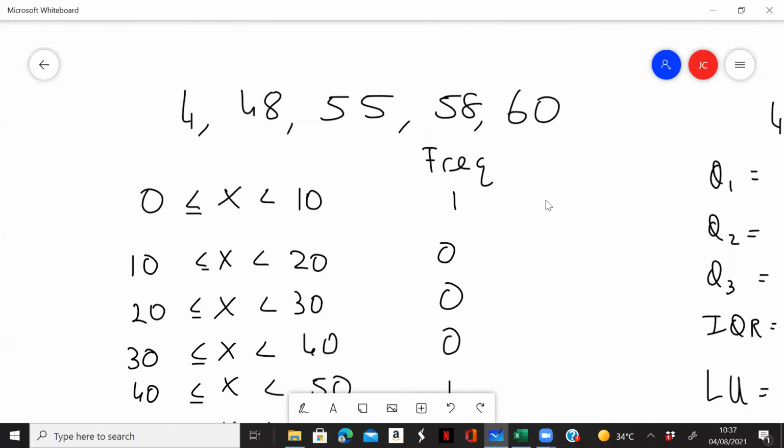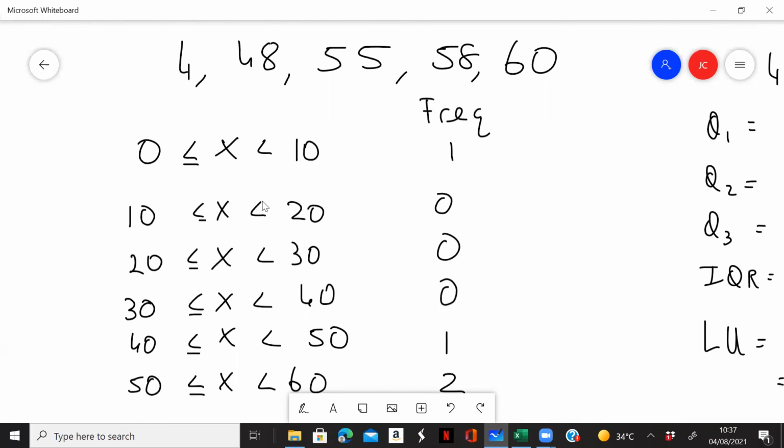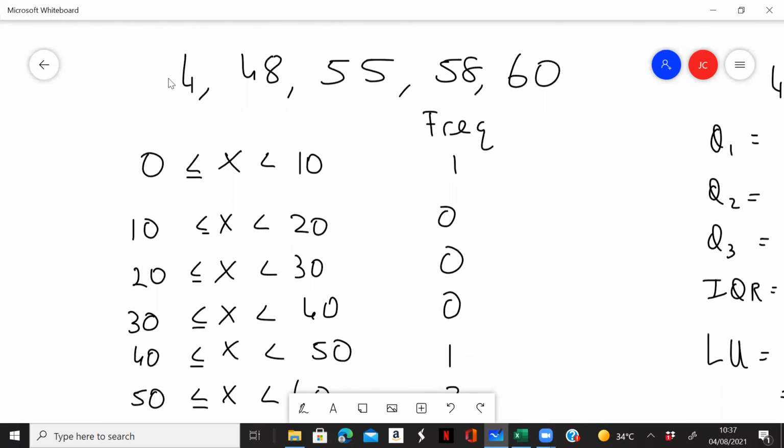And notice my inequalities. Let me translate this to English. I want numbers that are bigger or equal to 0, but strictly less than 10. 4 is less than 10, so of course I put 1 here because I just have one number.